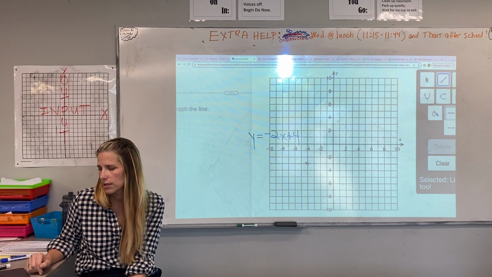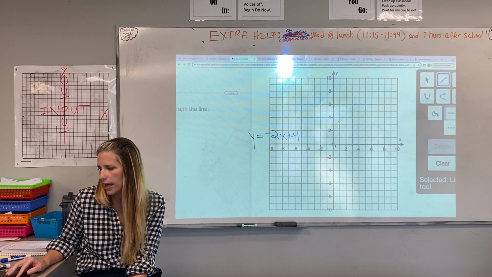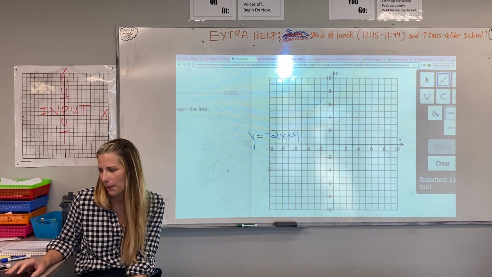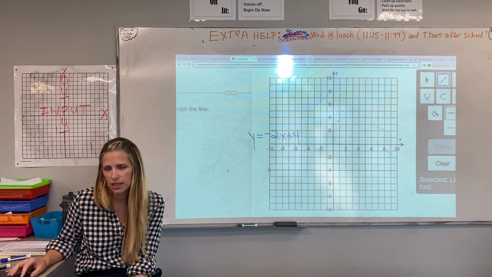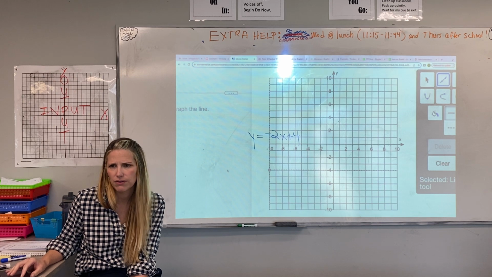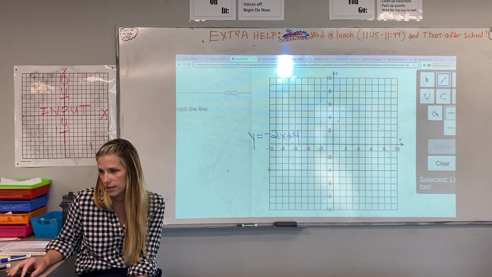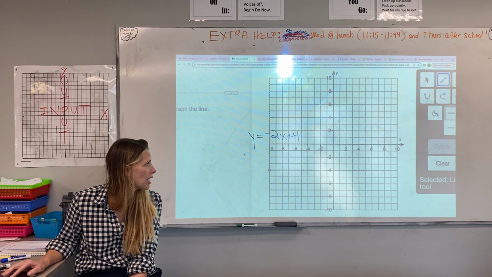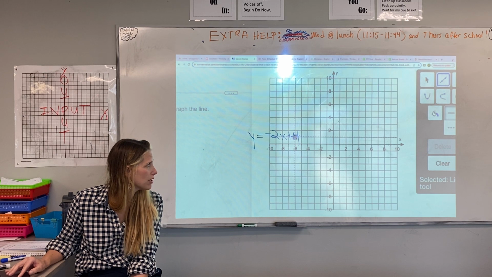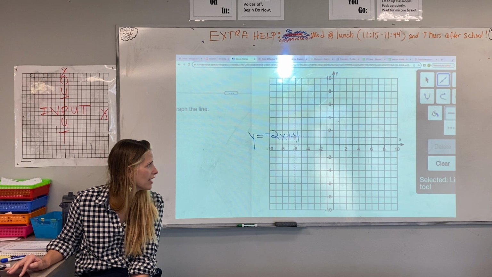On the x? Okay, so you're saying that, no. Do you remember what Angeli said just a minute ago? What did she say to graph? You said the specific, the y. What's the y-intercept in slope-intercept form?